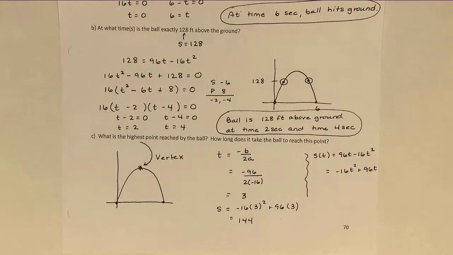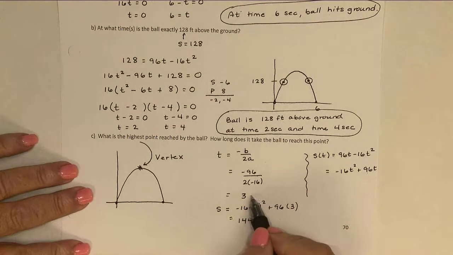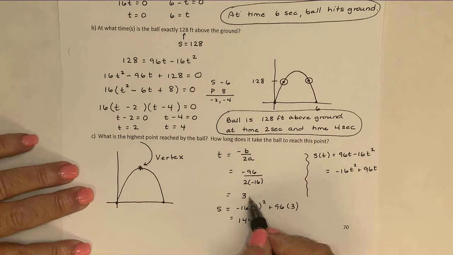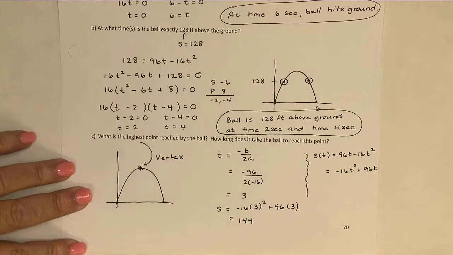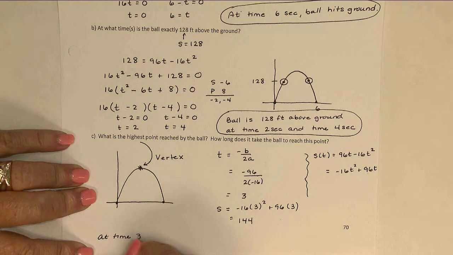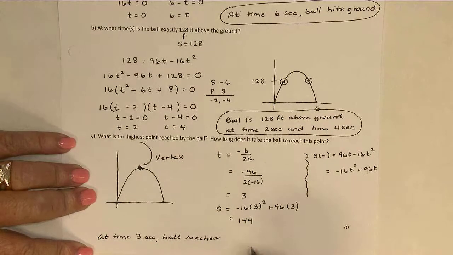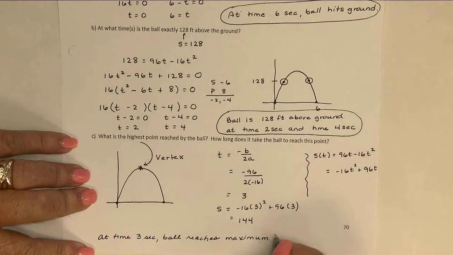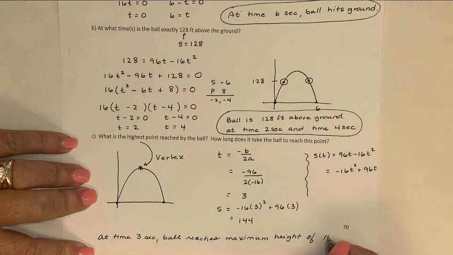So I can actually answer both of the questions at once by saying, after 3 seconds, right, that was the time, 3 seconds, the ball reaches its highest point, which is 144 feet. After 3 seconds, the ball reaches its highest point, or maximum height, of 144 feet.